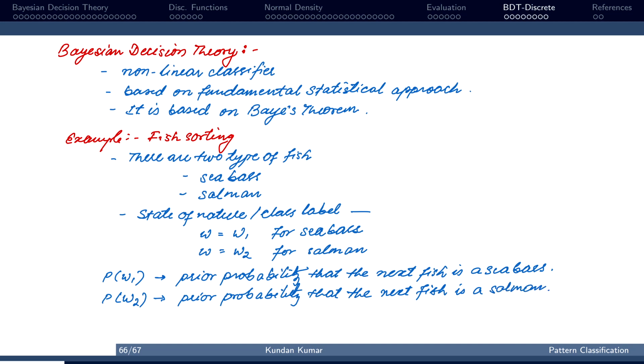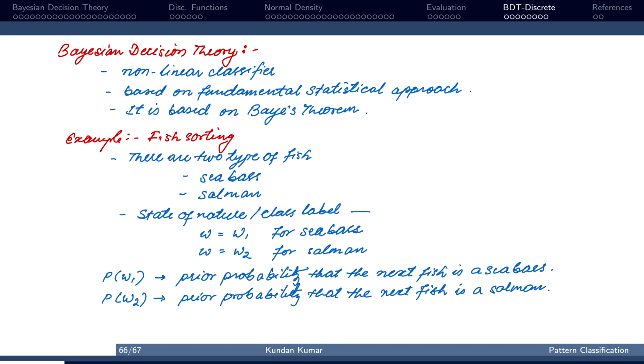So this is the prior probability that is known to us. Basically, the prior probabilities reflect our knowledge of how likely each type of fish will appear before we actually see it, because it is the classification problem for fish sorting.